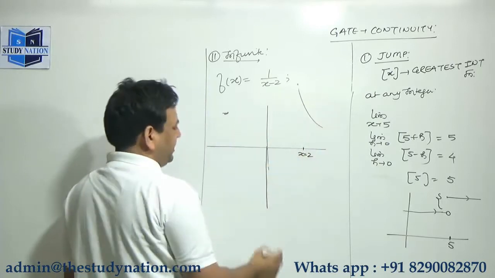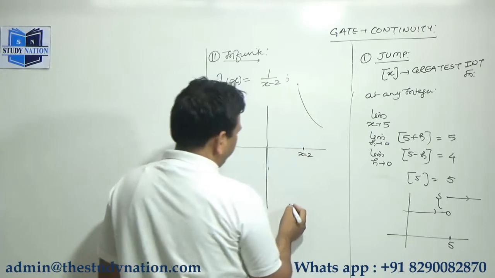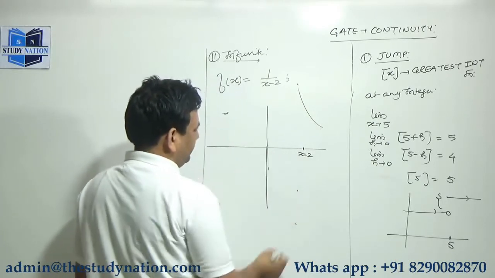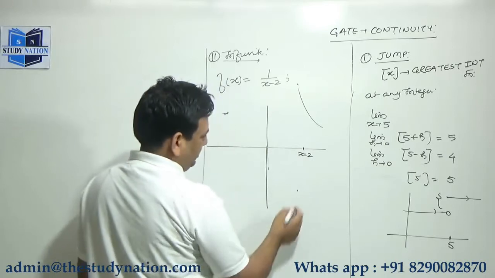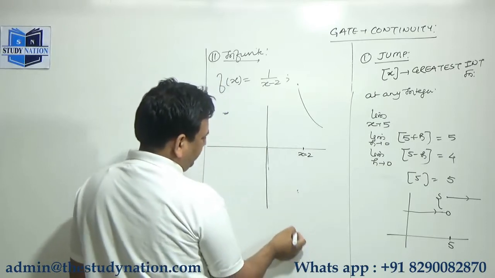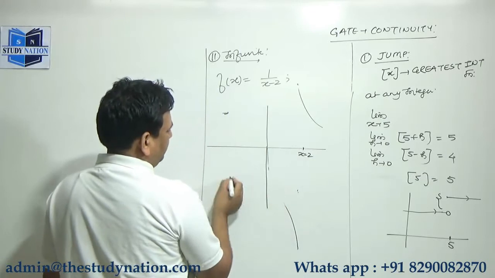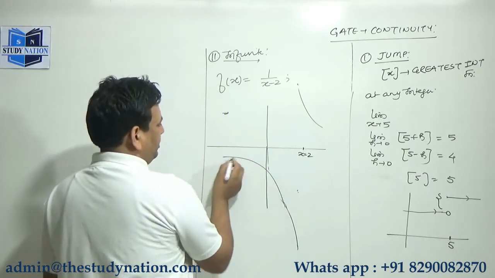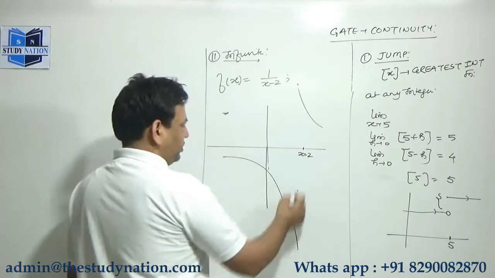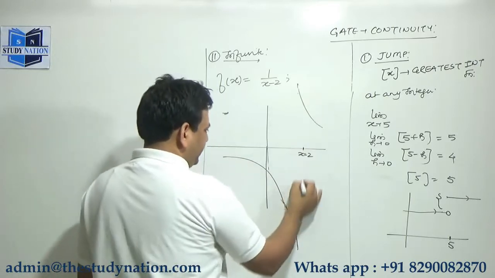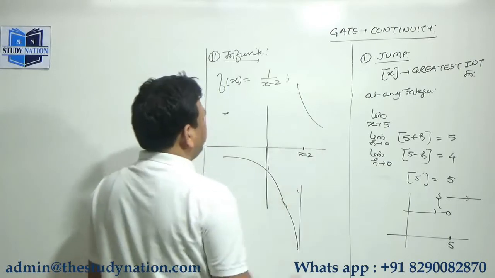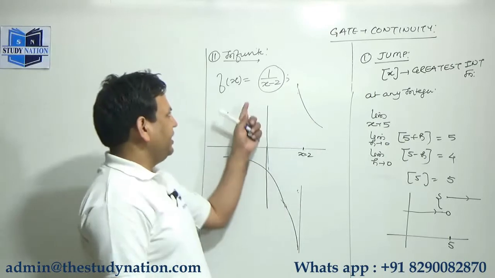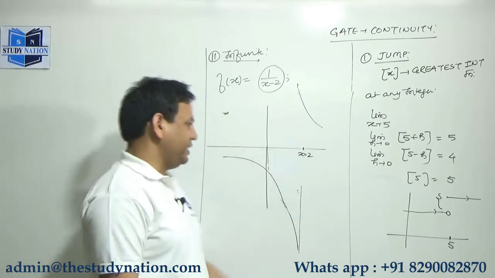If we say 2 minus h, it will reach what? So we will say again the value is this one. So the function is discontinuous at x is equal to 2 because it gives you an infinite value. Okay, so we cannot calculate the limit and we are saying this is a discontinuous function.